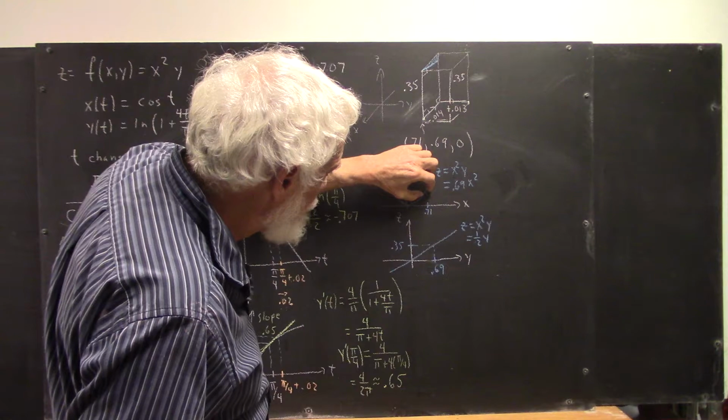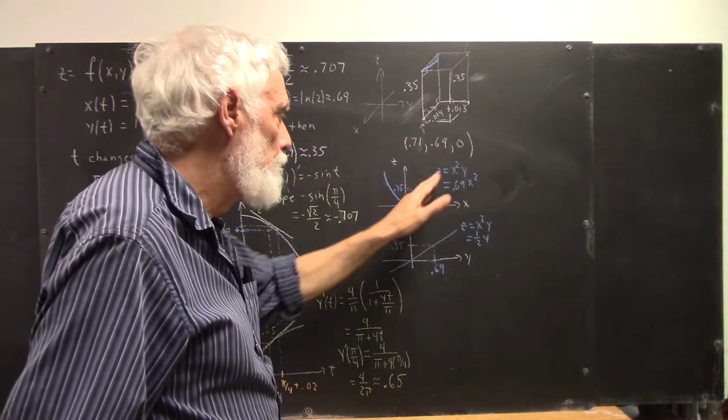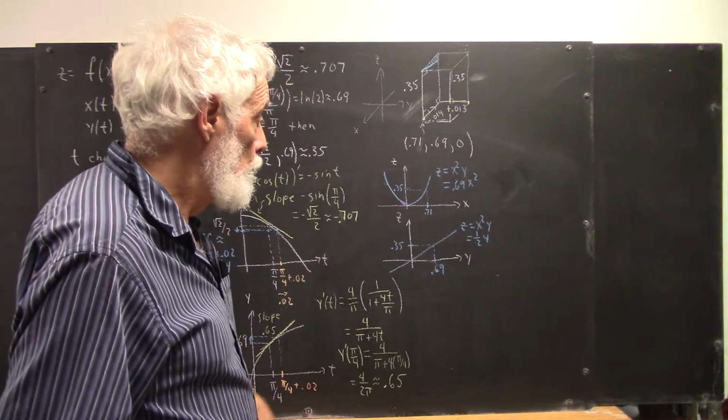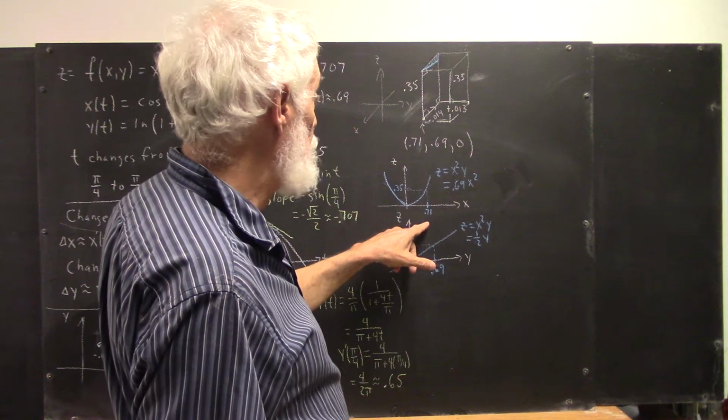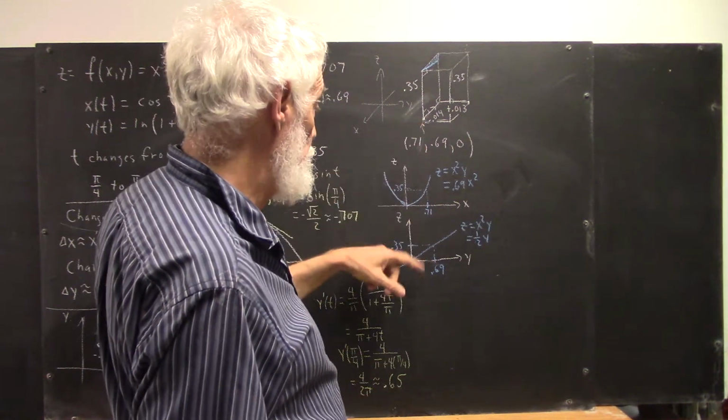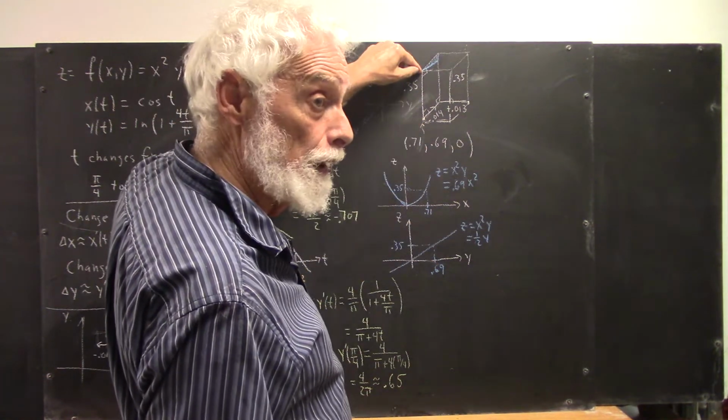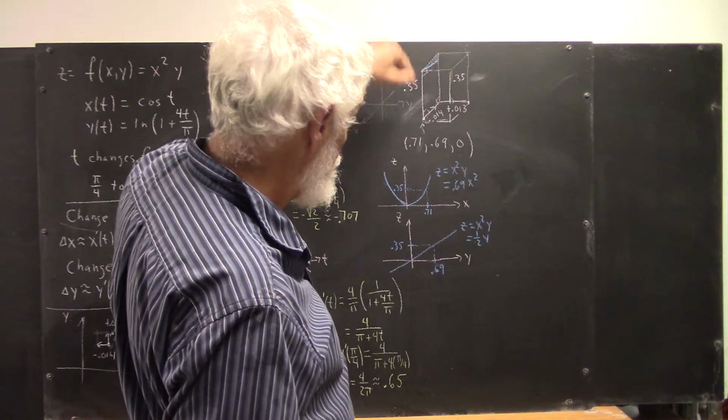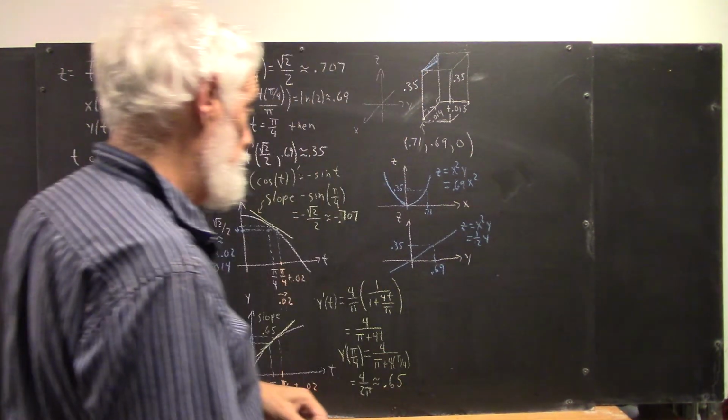So it's like a little segment of this parabola here, where x equals 0.71, which it does at this point, and y equals 0.35, and points in close proximity to this one.